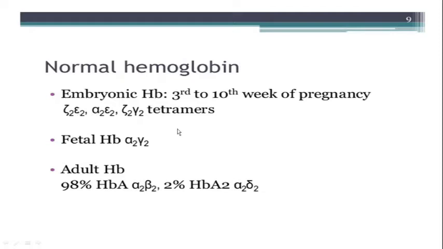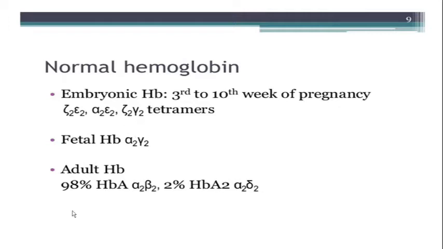As the fetus develops, the fetal hemoglobin, which is composed of 2 alpha globin chains and 2 gamma globin chains, starts being produced by 38 weeks of gestation.